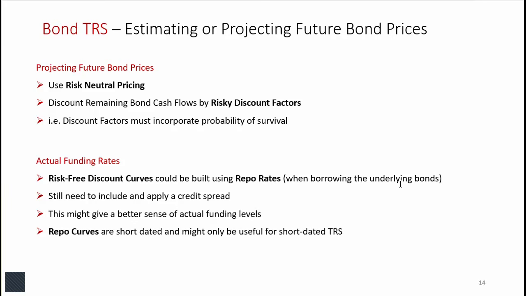So it's not unusual to have TRSs that are long dated, but it's also not unusual to see people taking a longer view on bond exposures, but just trading a 3-month TRS and rolling the position until they're ready to exit that position. So it's quite common that you see short-dated TRSs, and in those cases, using repo curves for the risk-free discount curve might be appropriate. So that's something to think about.